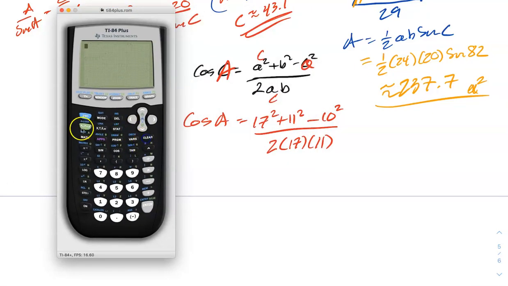The easiest way is to put the fraction bar: 17 squared plus 11 squared minus 10 squared, all over 2 times 17 times 11. And you get that, or the decimal version of that.